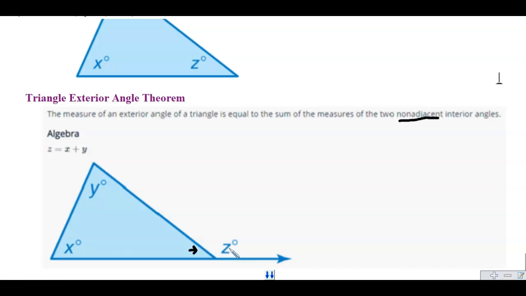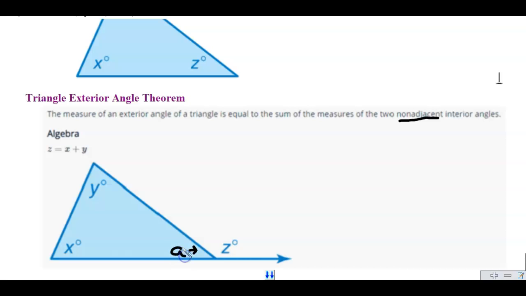of the exterior angle. If you think about it, it kind of makes sense, because if all three of them add up to 180 degrees, well, this exterior angle Z is supplementary to this angle.